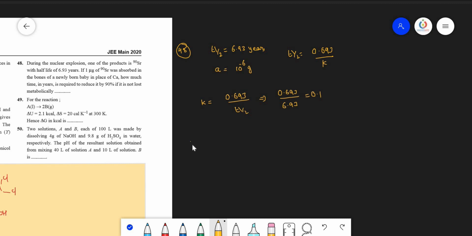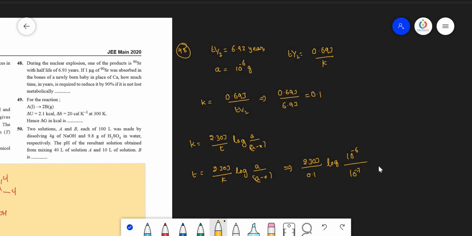In first order kinetics we know that K equals 2.303 by T into log A by A minus X. So T equals 2.303 by K into log A by A minus X. Let's substitute these values here. 2.303, K value is 0.1, into log of the initial concentration 10 power minus 6 grams divided by, since 90% of it has already gone, 10 power minus 7.